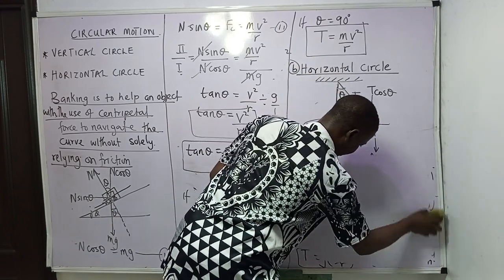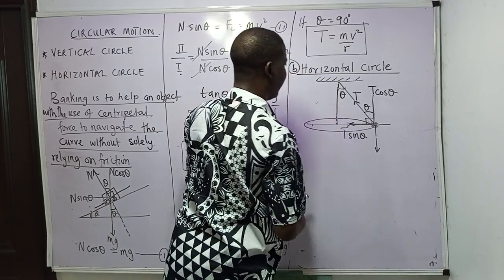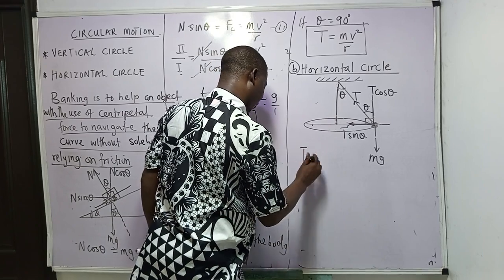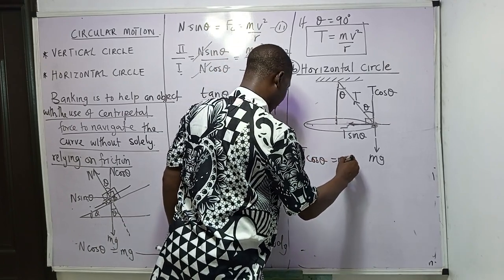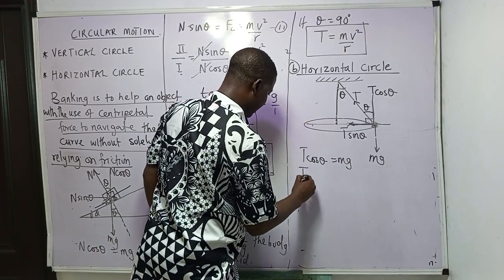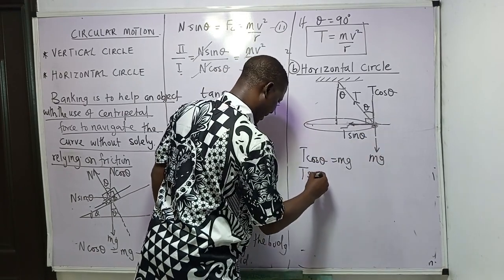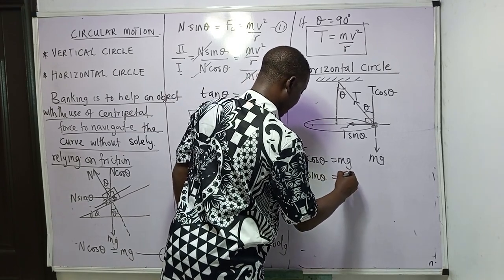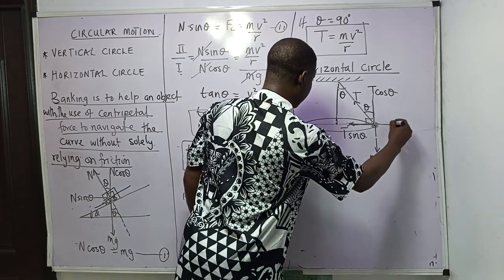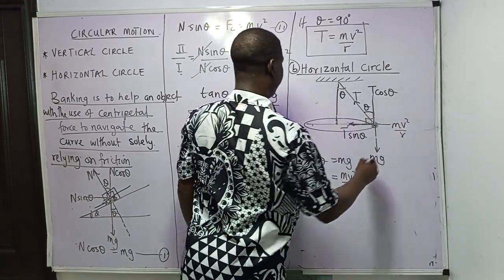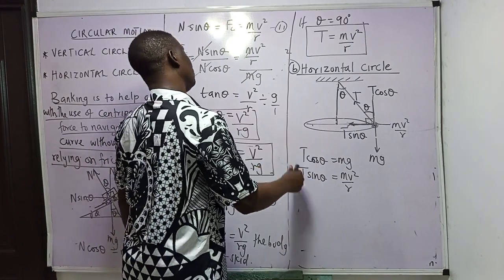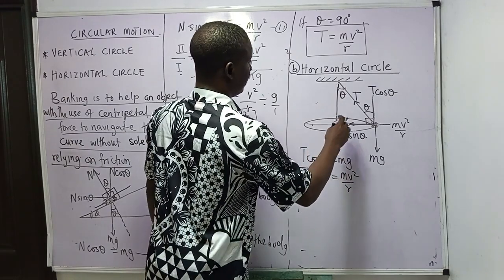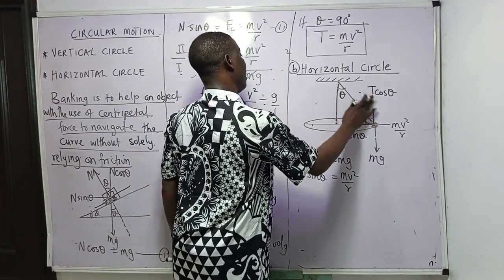Recall that if I say, look at this mg, I can say T cos theta equals mg, and T sin theta equals mv square over r. Now if you use this formula, this one divided by this, you still get the same thing. But that's not where I'm going. Let me clean this now.